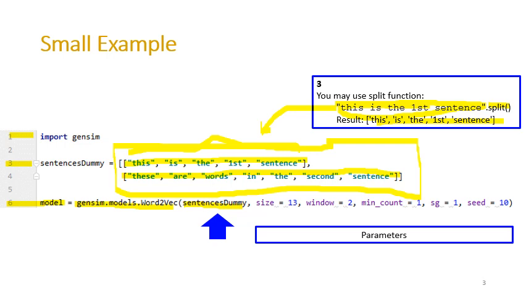I will talk about these parameters in the next slide, but suppose you don't specify any parameters here. It means that Gensim word2vec will just use the default parameters. It will run, but if you need to specify some particular things in the model, then it will just use the default values.